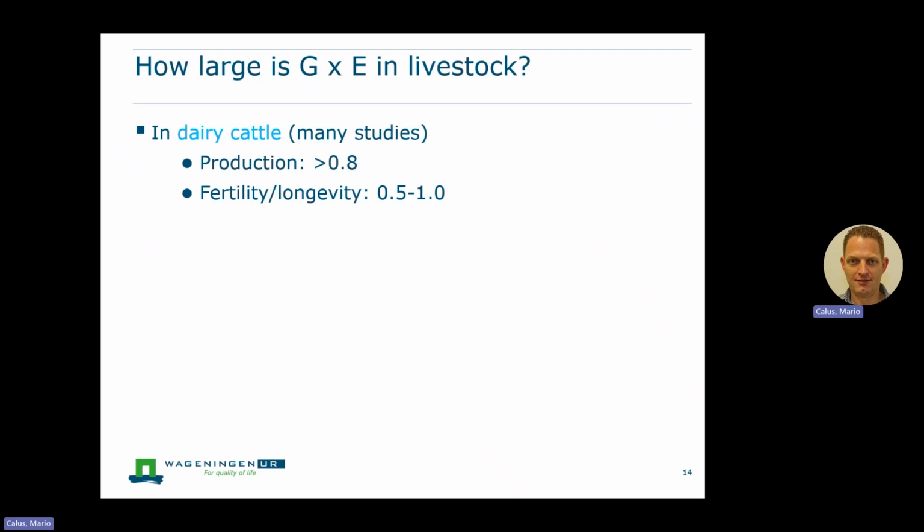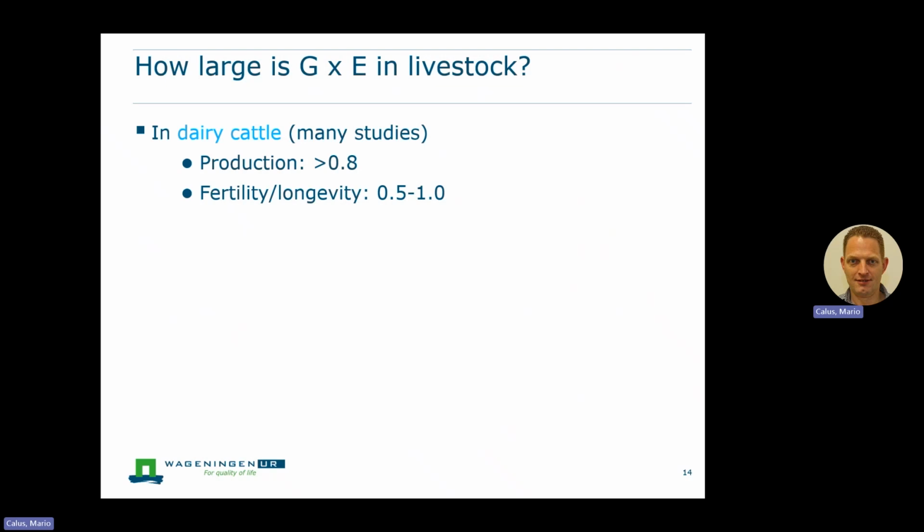And to do this, they have a model that actually considers each country to be a different type of environment. So they have estimated genetic correlations between all pairs of countries involved. What we see there is that for production, typically correlations are higher than 0.8, and the more closely related the systems in the different countries are, the closer these values are to 1.